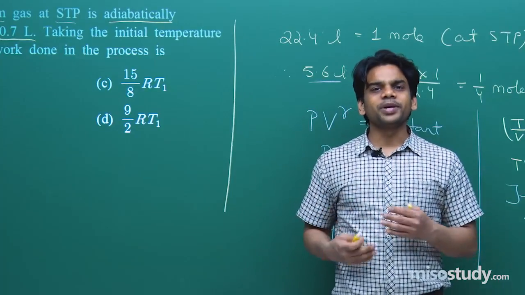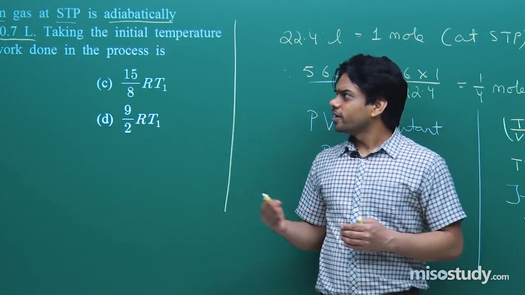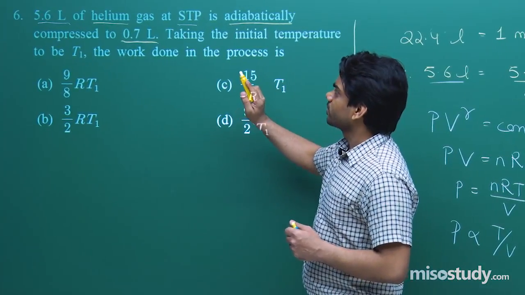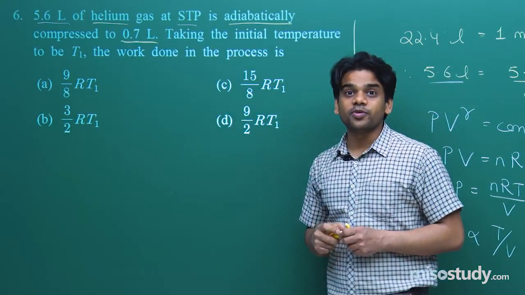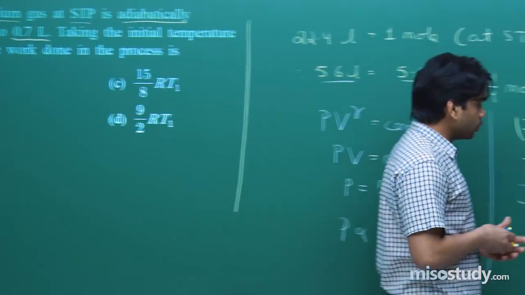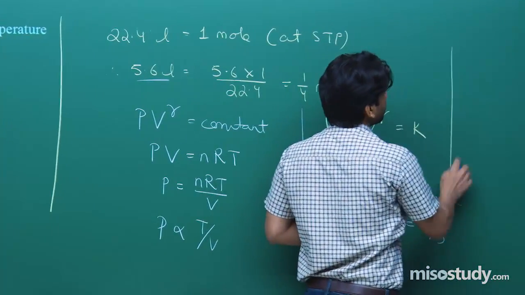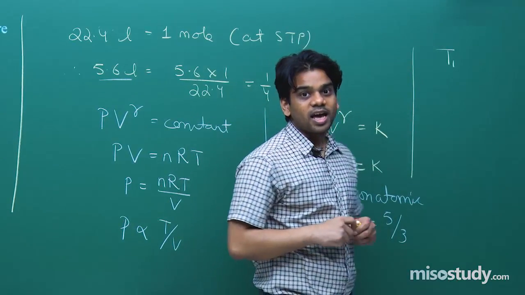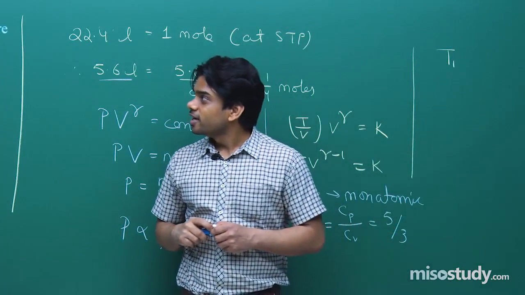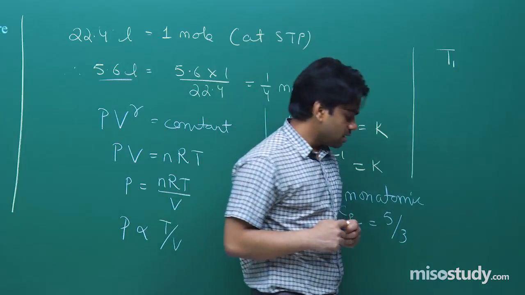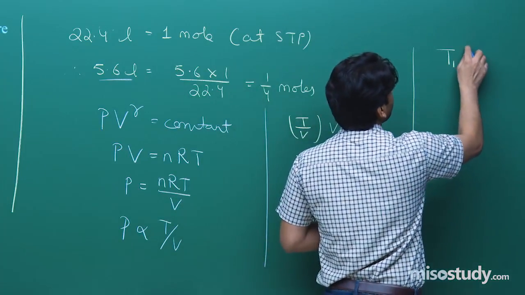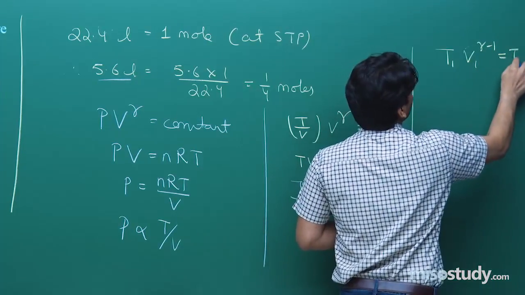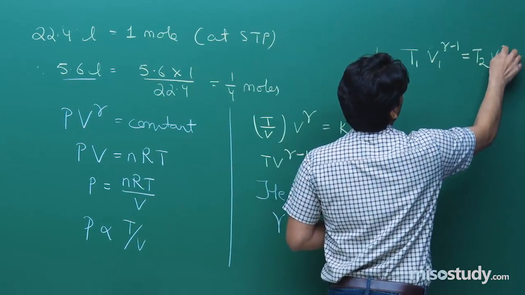So how will the temperature be given? Taking the initial temperature to be T1, we have to answer in terms of T1. So we can write T1 V1 to the power gamma minus 1 is equal to T2 V2 to the power gamma minus 1.